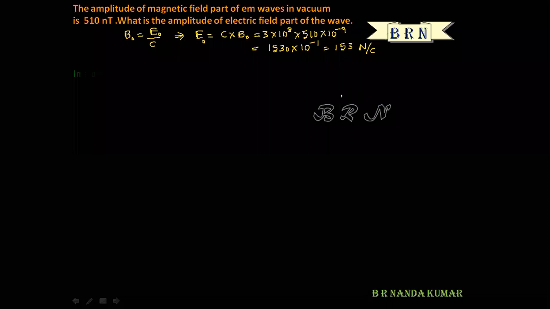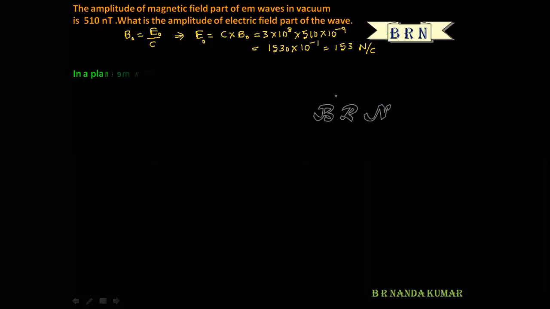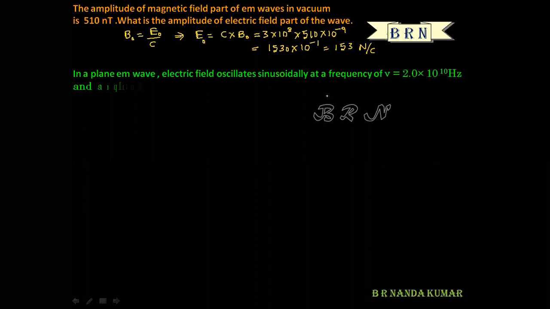And next numerical. In a plane electromagnetic wave, the electric field oscillates sinusoidally at a frequency of nu equal to 2.0 into 10 to the power 10 hertz, with an amplitude of 48 volt per meter.